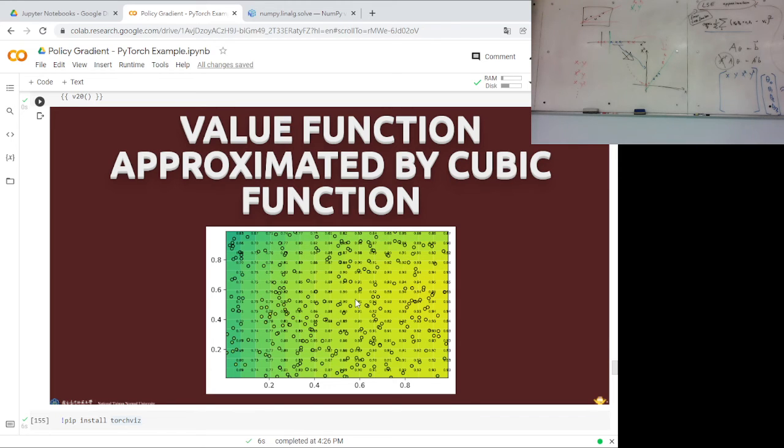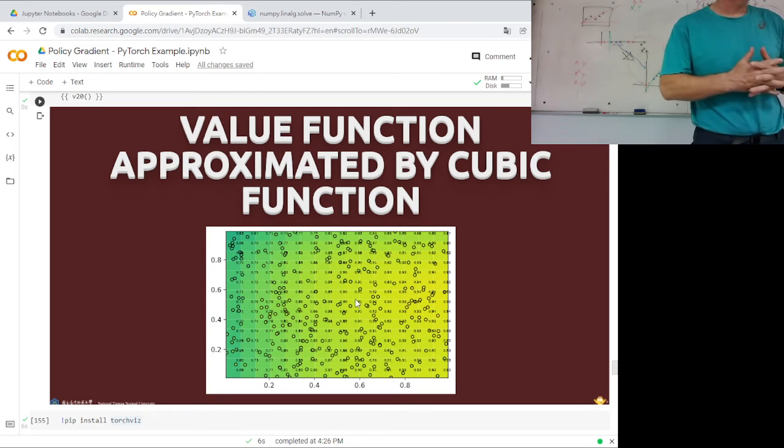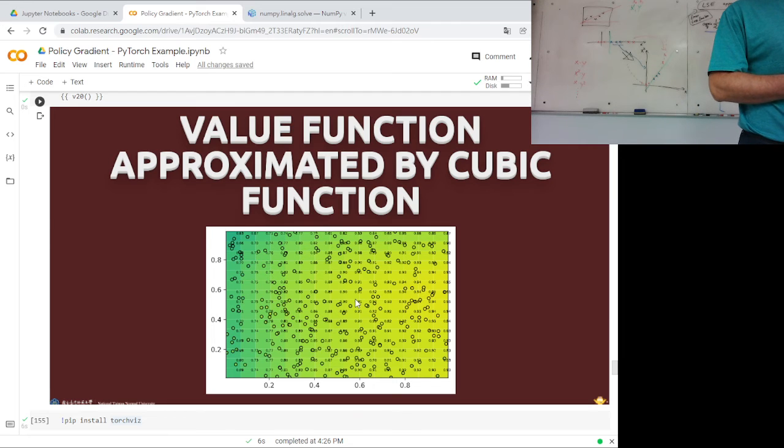So change the features and see what the performance of the gradient descent algorithm is for that particular formulation. Instead of just x squared, x cubed.